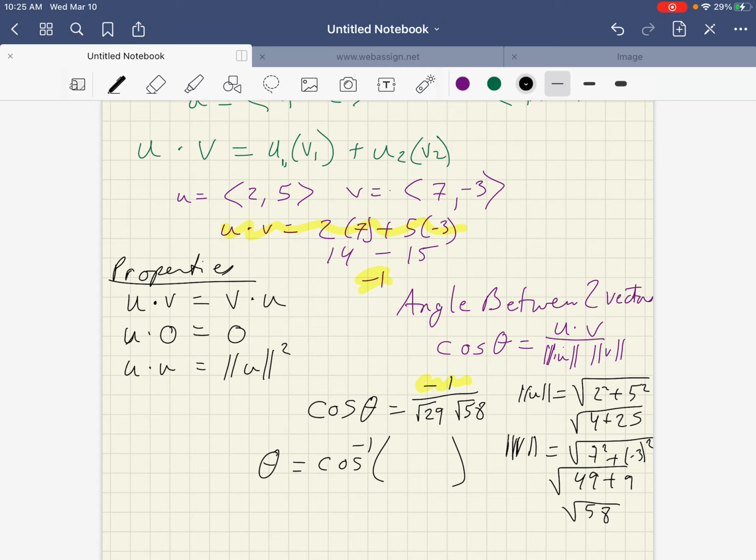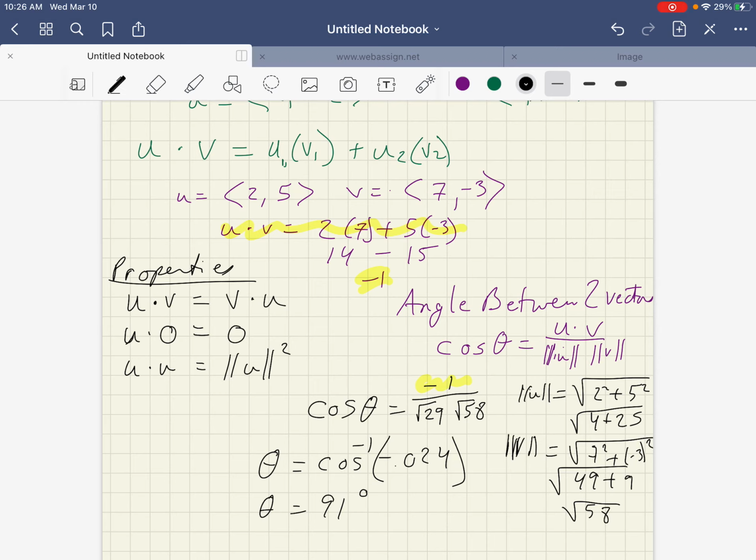So let's plug that in and see what I get. Negative 1 divided by the square root of 29 times the square root of 58 is a very small negative 0.024. I take the inverse cosine of that answer, and we get 91 degrees.